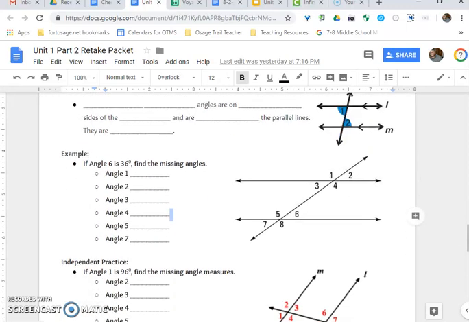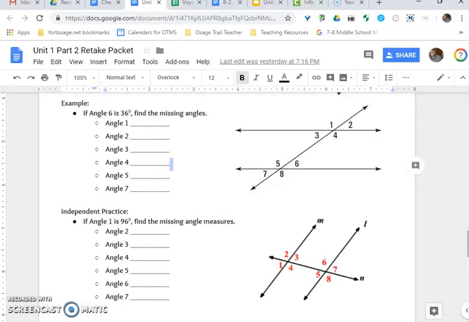So when we look at the example, notice we have a set of parallel lines. Our parallel lines are there. Our transversal is what cuts through our parallel lines. So that is this line in the middle. That's our transversal.